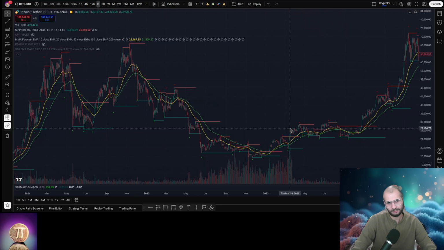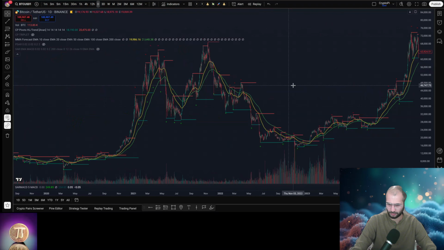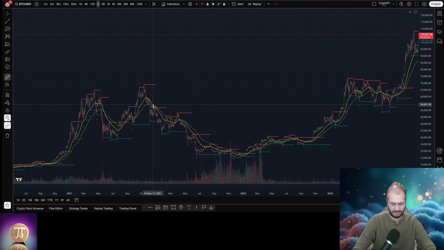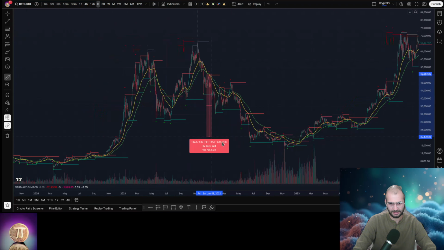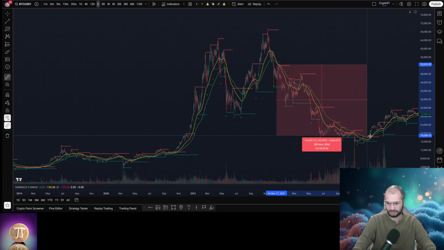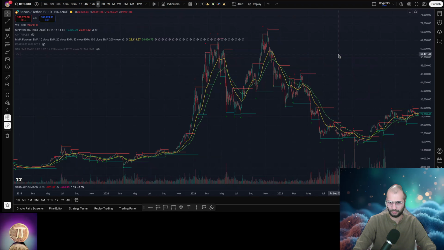So even so, moving averages are very popular among traders to understand the chart. It basically helps to break down the chart into different sections. For example, here, just by looking at moving averages, I would say that there is a downtrend going from here till here, because the fast moving average is under the slow moving average.